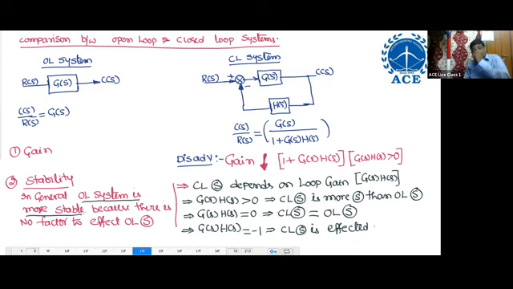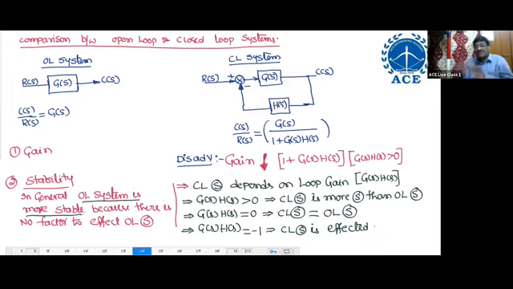In case they mention that loop gain is greater than 0, then you can say the closed loop system is more stable. Unless they mention the word loop gain, don't say the closed loop system is more stable.